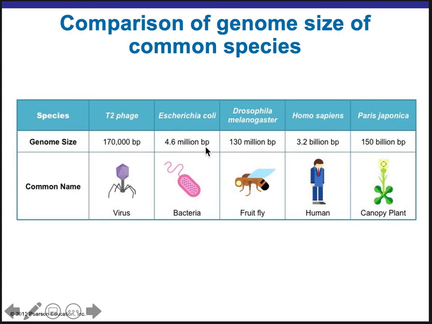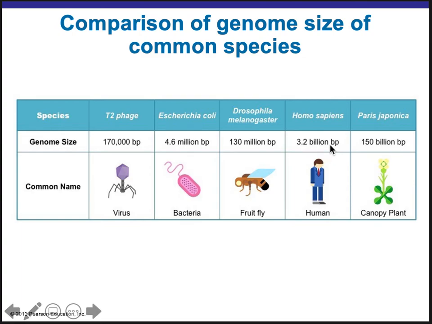Now, this includes the non-coding sequences. You're not just looking at the genes, but the entire base pairs of the entire genome. And then the fruit fly, just a fly, has 130 million base pairs, much more than the bacteria, but much less than humans. Humans have 3.2 billion base pairs.